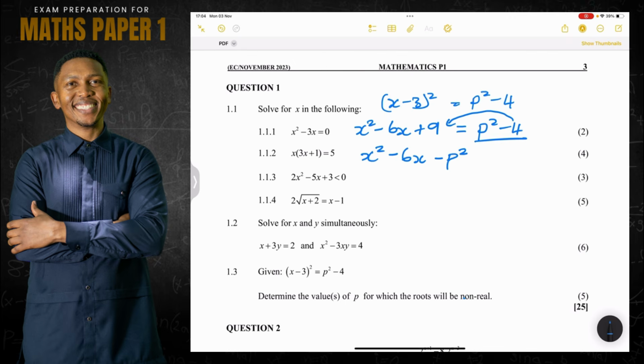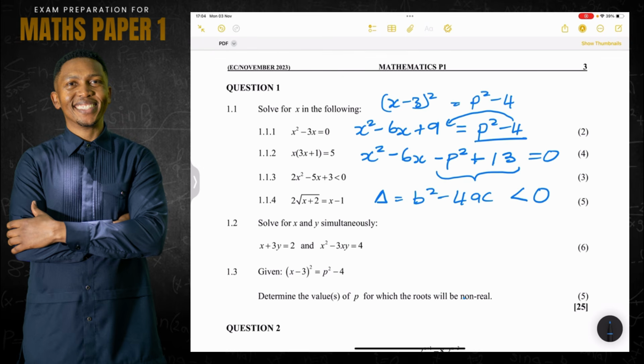If I bring the 4 to the other side, that's 9 + 4, which gives us + 13, and this is equal to 0. So my a value is 1, my b value is −6, and my c value is −p² + 13. We said delta, which is b² − 4ac, is less than 0.